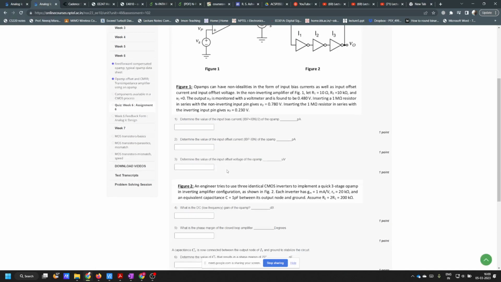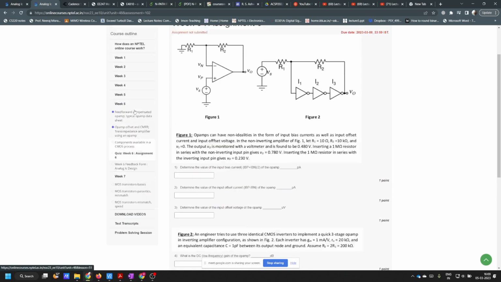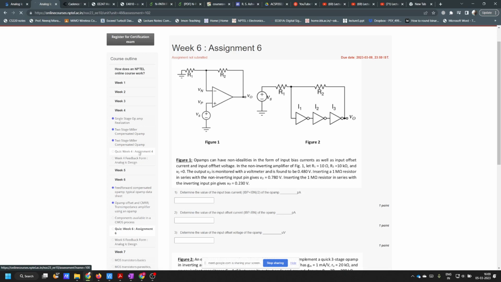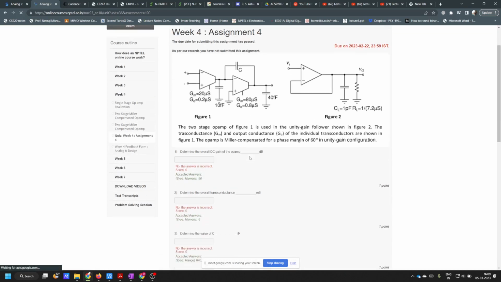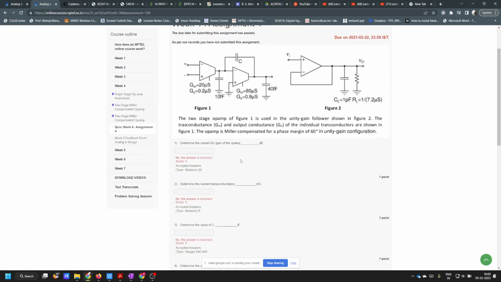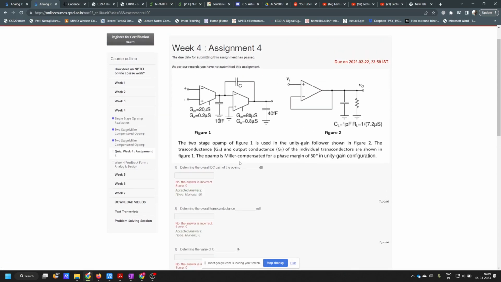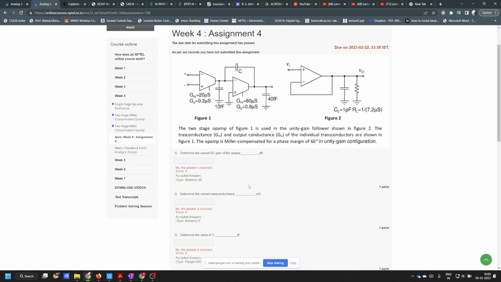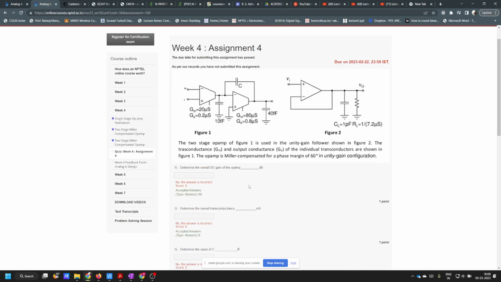Is it visible? Yes. So in this set of problems, when we are told to calculate the non-dominant pole P2, after all the intuition, when we are going for the formula, P2 is something like gm2 into C by C plus C1 plus G0_2 by CL, the series combination of C and C1.